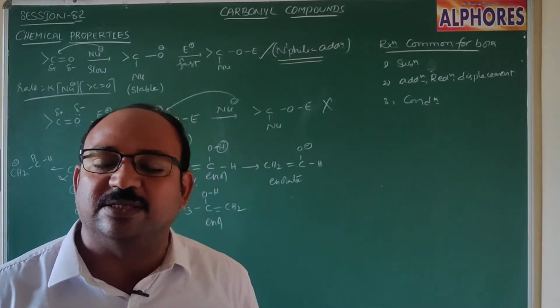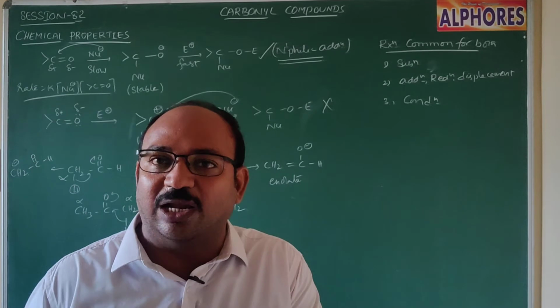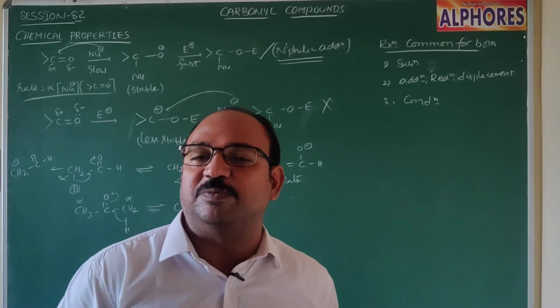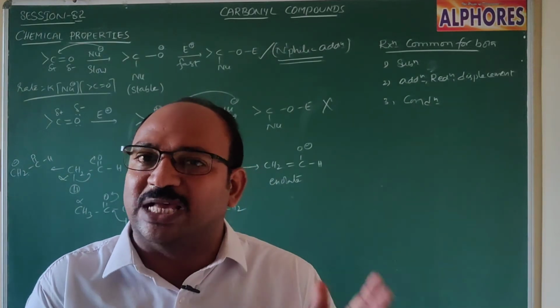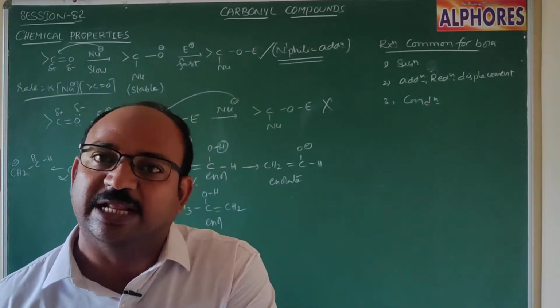And the second class is properties which are different for aldehydes and ketones. Maybe aldehydes may show and ketones may not show, or ketones may show and aldehydes may not show. Such properties I am going to mention as the second category.